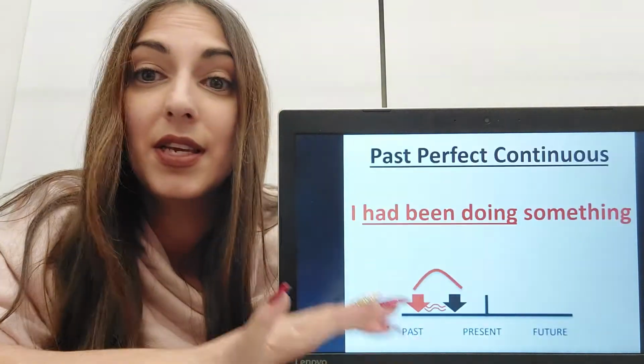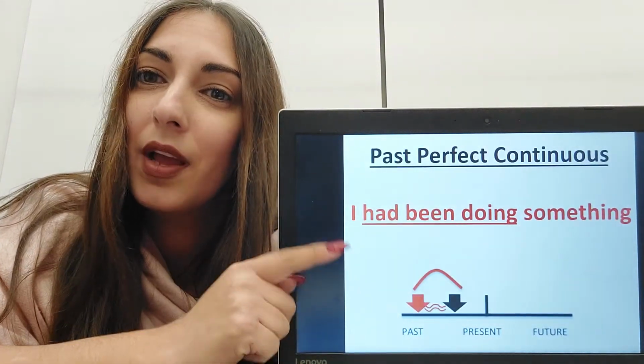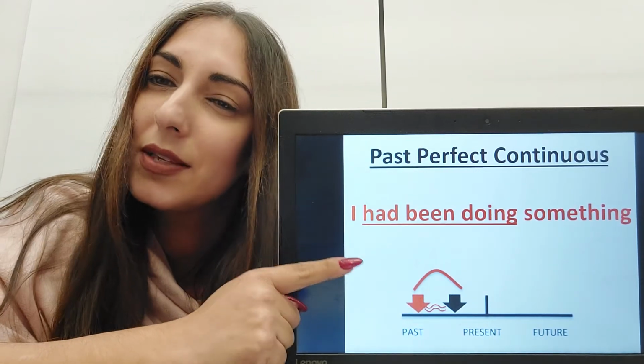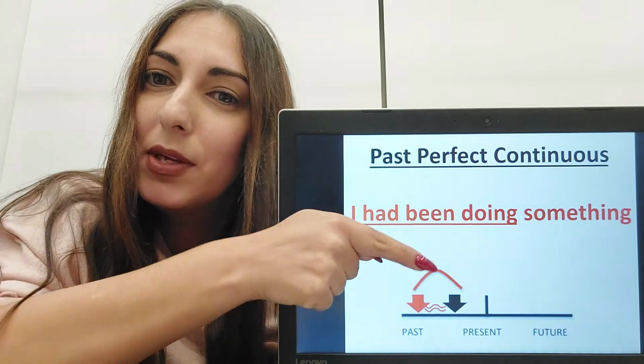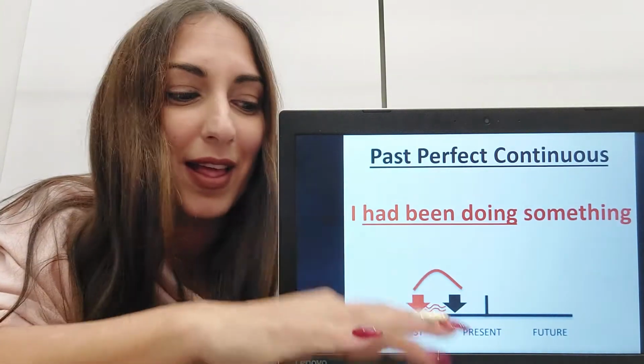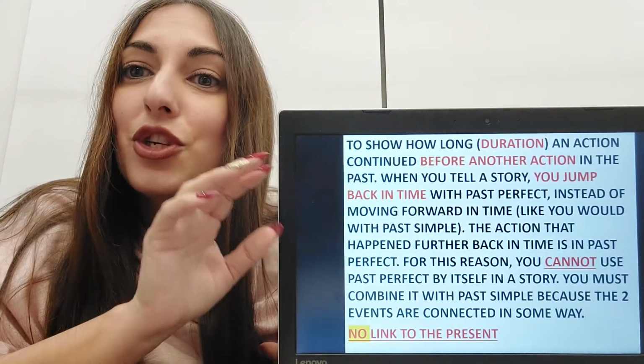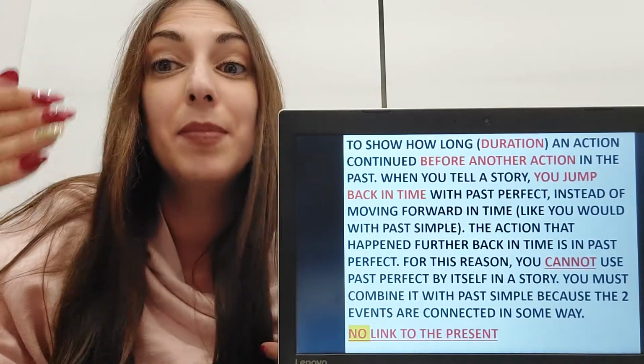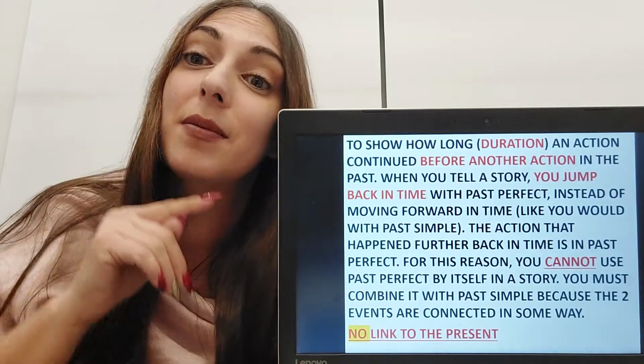Now, past perfect continuous, as you can see, is the same, but I say I had been doing something. It's the same as past perfect simple, but you see there's a little squiggle here. This is just to show how long the past perfect action had been continuing before past simple happened.